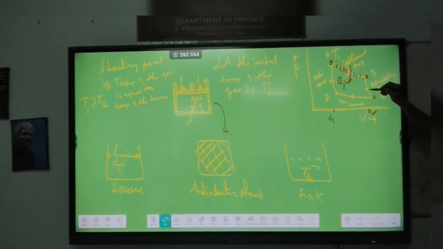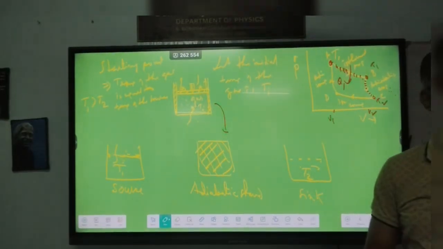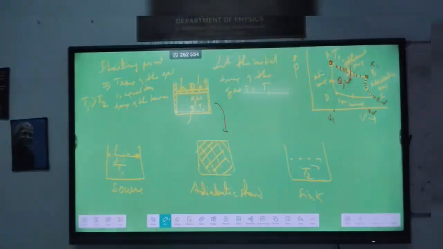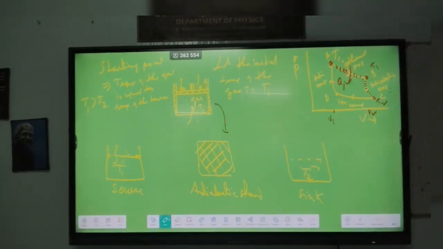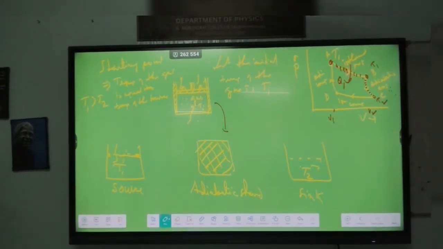So the expansion from B to C in small steps, what kind of expansion is this? Temperature is changing from T1 to T2. Pressure, you have to reduce the pressure, then only it will expand.